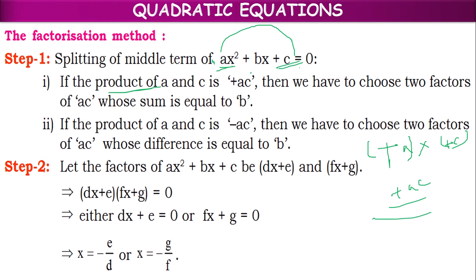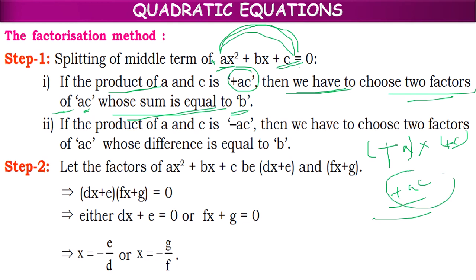We get the product plus ac if we multiply x square coefficient and constant. So we have to choose 2 factors of ac whose sum is equal to b. By multiplying this, we have got ac, and this plus ac is to be converted into 2 factors whose sum equals the middle term b.